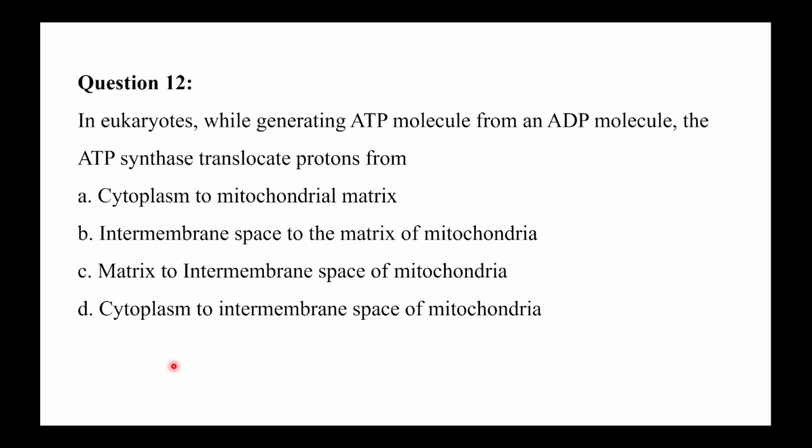Option A is cytoplasm to mitochondrial matrix. Option B is intermembrane space to the matrix of mitochondria. Option C is matrix to the intermembrane space of mitochondria. And option D is cytoplasm to the intermembrane space.